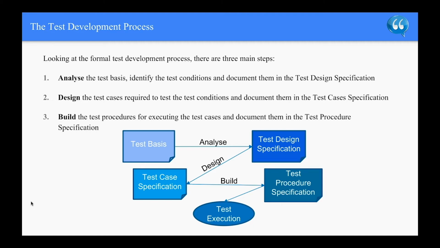And build the test procedure for executing the test cases and document them in the test procedure specification. So in this graphic here: the test basis, analyze, then the test design specification, then design, the test case specification, then build, the test procedure specification, and then you can actually do test execution.